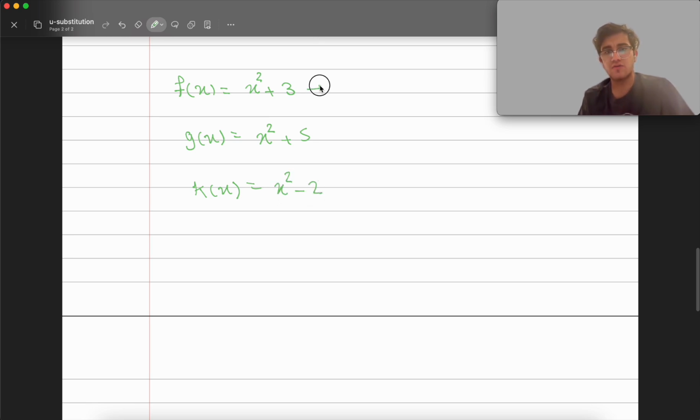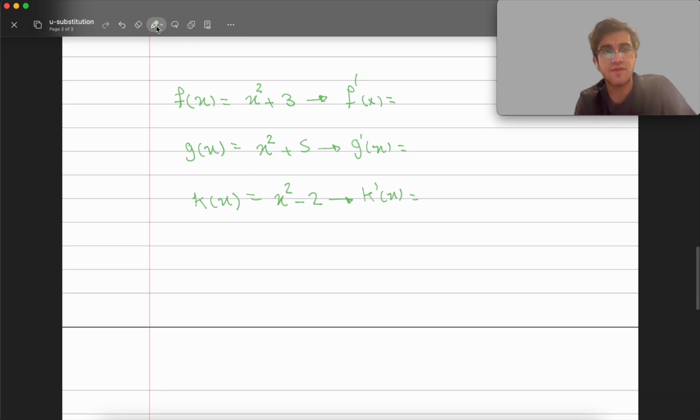Now if I want to find the derivative of these, I want f prime of x, g prime of x, and k prime of x. Well, let's try to find them. The derivative of this one is going to be 2x, the derivative of this one 2x, the derivative of this one also 2x, because these are constants, and the derivative of a constant number is 0.